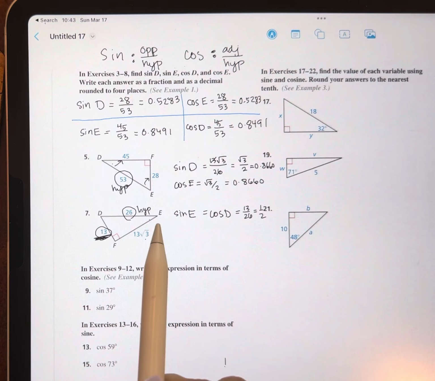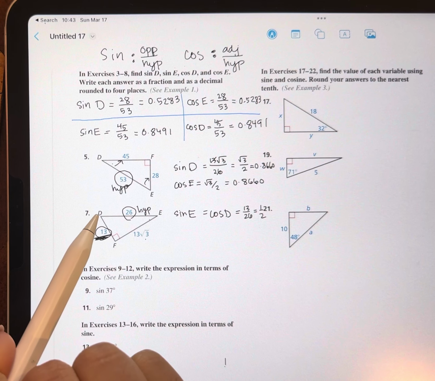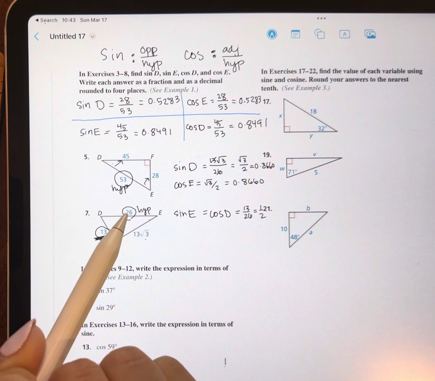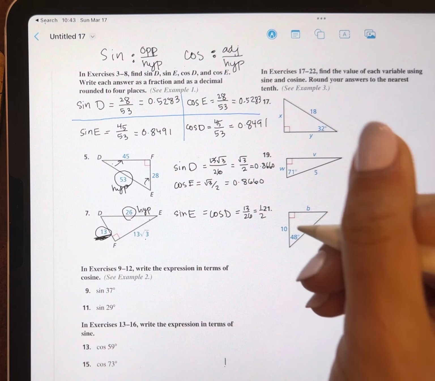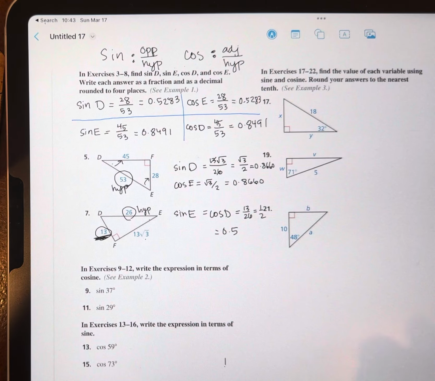That is the same as cosine of D, because for cosine we go adjacent. Adjacent to D is the same 13, and the hypotenuse is 26, exactly the same thing. 1/2, or a decimal would be 0.5.